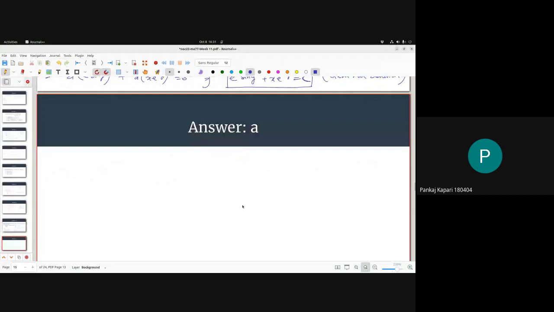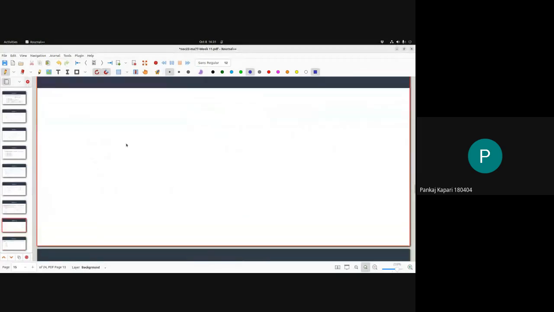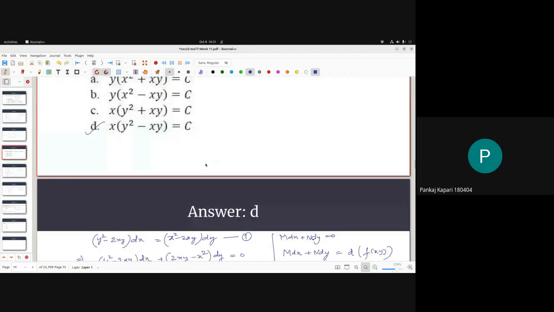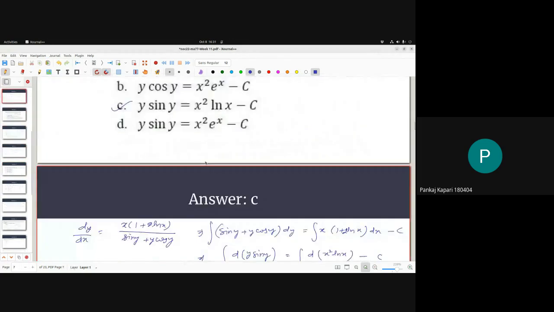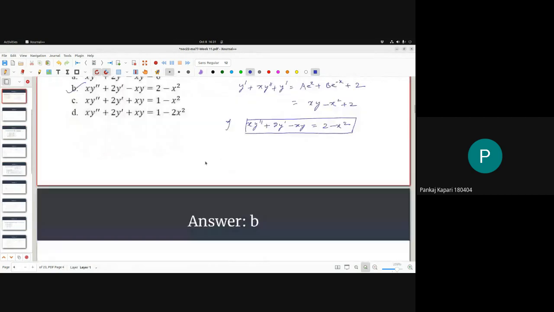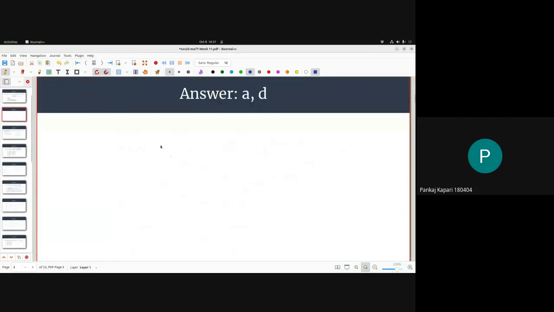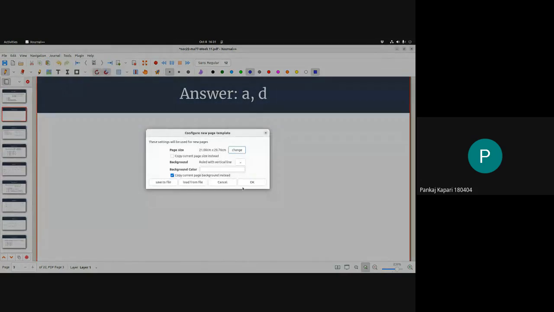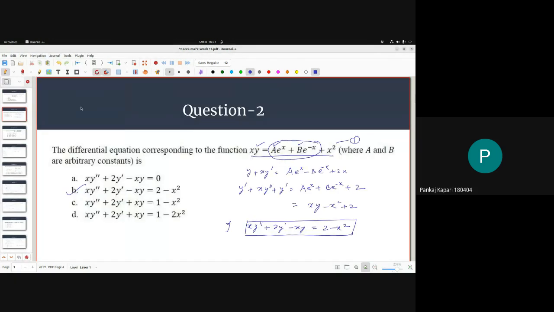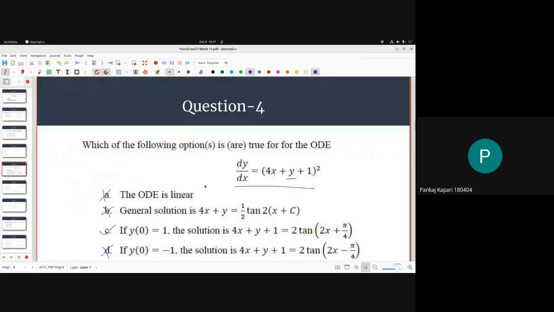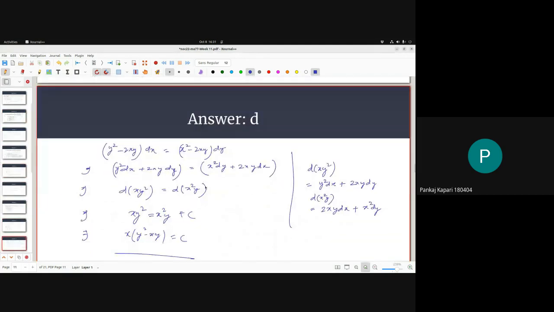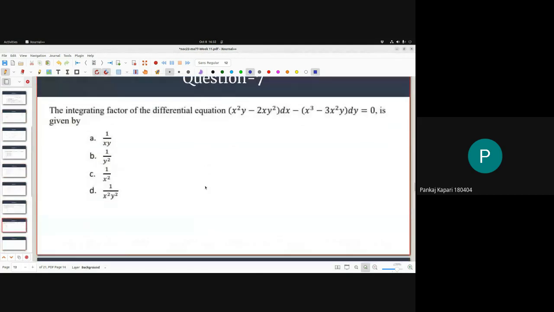Okay, so let's move to the next problem. Here we have to find the integrating factor of this given differential equation.